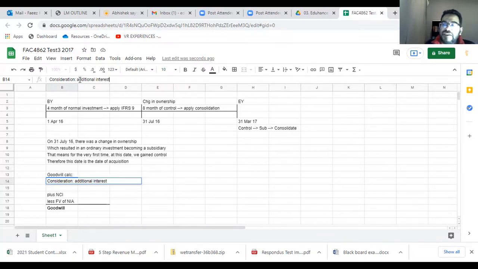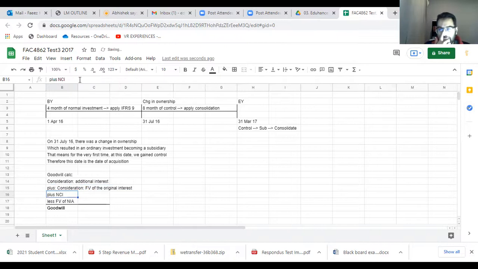What was the additional interest? The 60% that we acquired in the current year. Then it must be plus also consideration, which also forms part of consideration, but it's a deemed consideration, which is the fair value of the original interest.